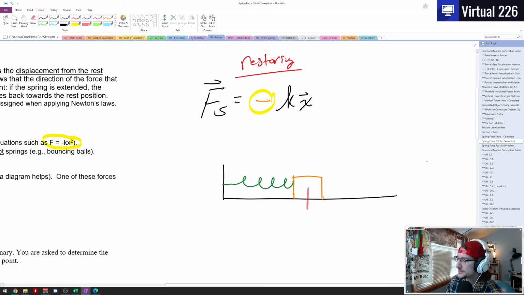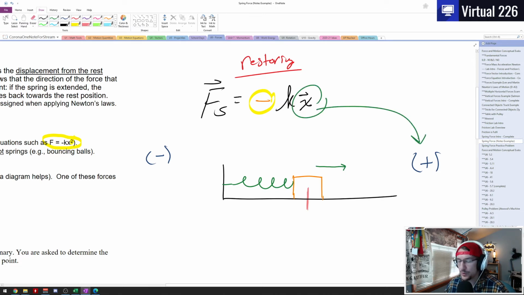If I call the right direction positive and the left direction negative, because we need to pick positive and negative directions, that's a thing we do, right? If I stretch the spring, if I pull the spring to the right, my x value here is going to be positive because that's the direction I stretched the spring. I stretched it in the positive direction.